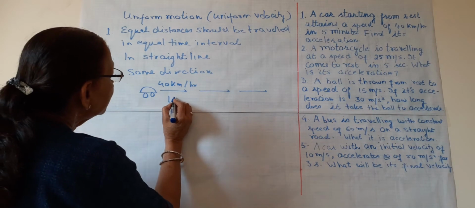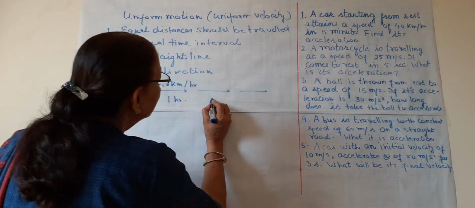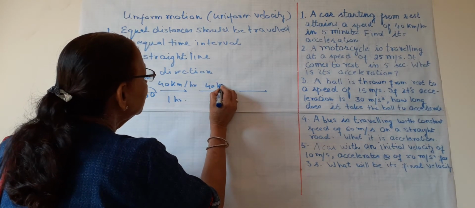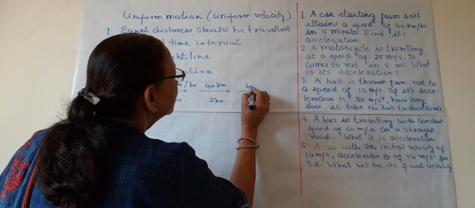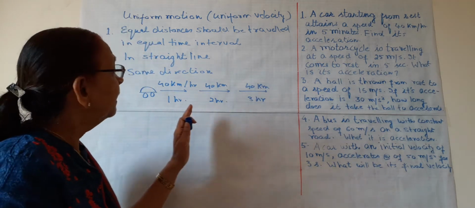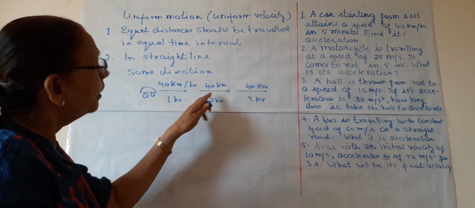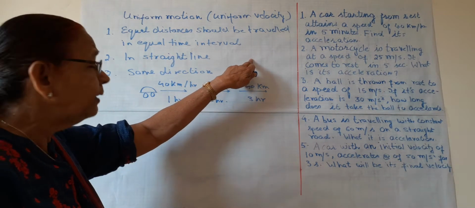So in first hour it traveled 40 kilometers. In second hour it again traveled 40 kilometers. In third hour it again traveled 40 kilometers. That is equal distance 40, 40, 40 is traveled in equal time interval.